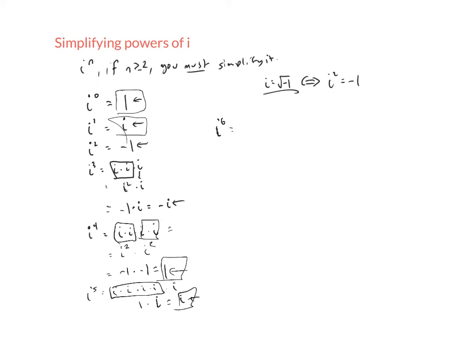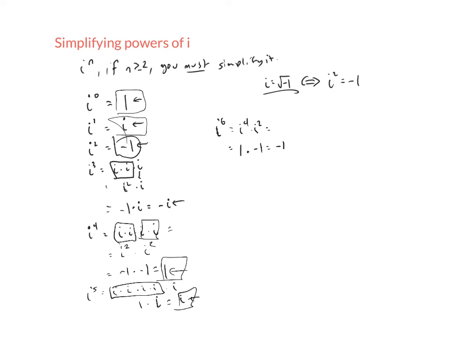So what do you think i to the sixth is going to be? Well, look at the pattern. If I rewrote it the long way, i to the fourth times i squared, i to the fourth is 1, i squared is -1. So when you multiply those, you get -1. I to the sixth is -1, which is exactly what i squared was.